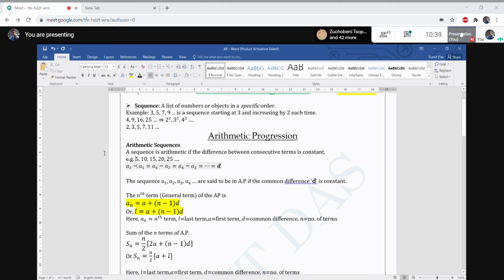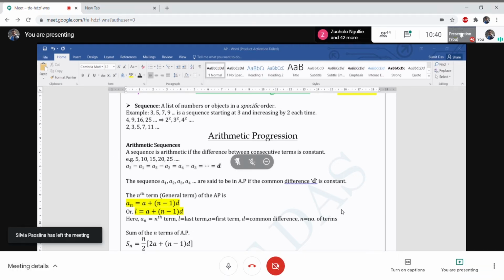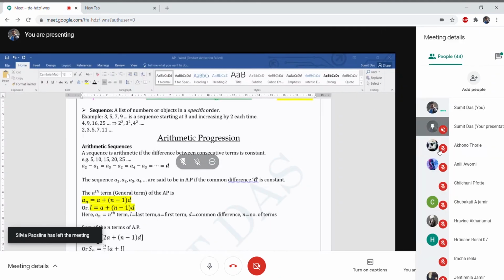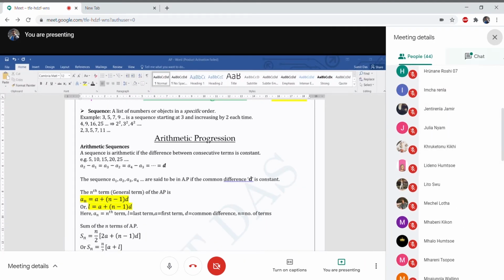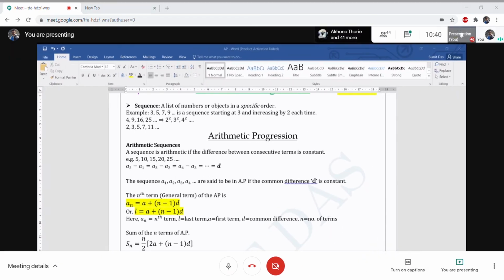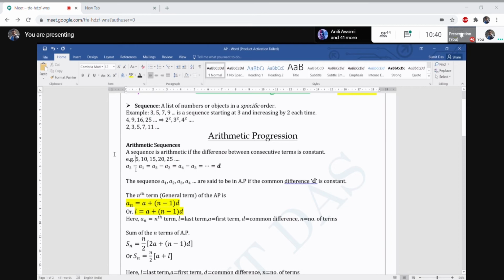Here you can see a1 denotes the first term, a2 denotes the second term, and so on. an will denote the nth term. We are showing that a2 minus a1, that means succeeding term minus preceding term, is equal to the third term minus the second term, succeeding minus preceding.